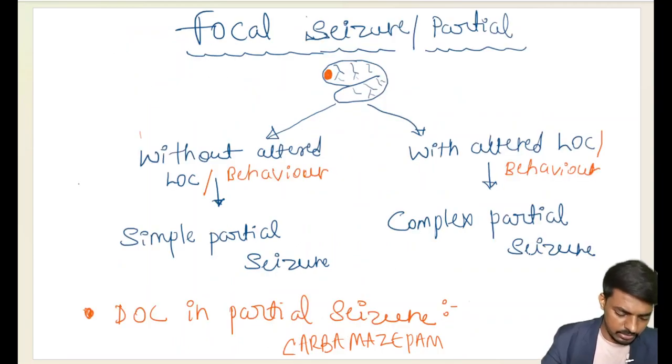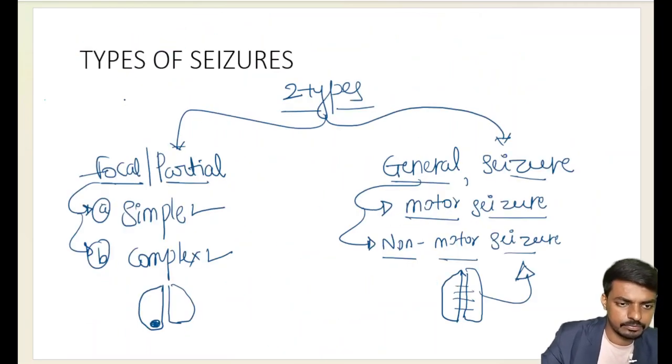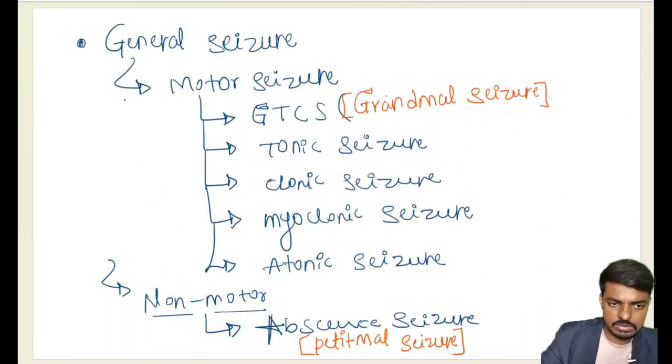Okay, the very important first thing is the focal seizure. First I will explain the types of seizure here. In focal seizure, we will see simple and complex; in general, motor seizures and non-motor seizures.